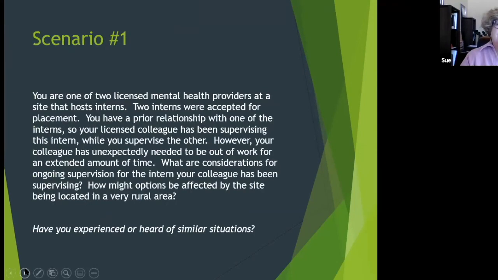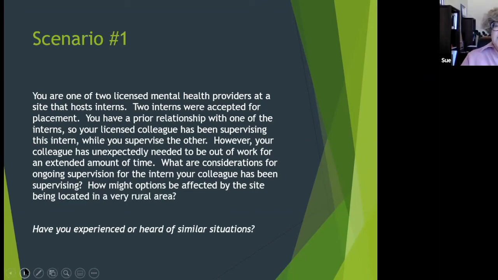With scenario one, you're one of two licensed mental health providers at a site that hosts interns. Two interns were accepted for the placement. You have a prior relationship with one of the interns, so your licensed colleague has been supervising that person while you supervise the other person. However, your colleague has unexpectedly needed to be out of work for an extended amount of time, unfortunately, maybe they got COVID or something.